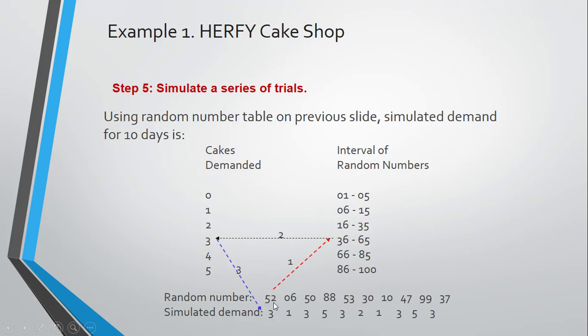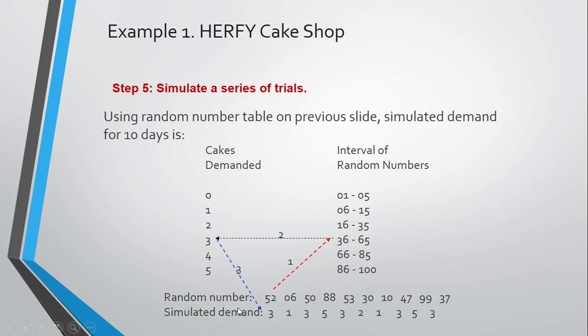When the random number is 06, where do you go? 06 is between 6 and 15, so 1 cake sold. When the generated random number is 50, it's again in this interval, so it's 3. When the number is 88, it's between 86 and 100, so you have 5 cakes sold, etc.